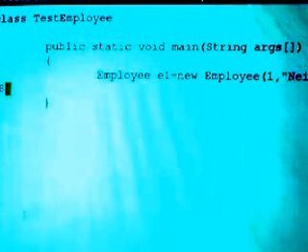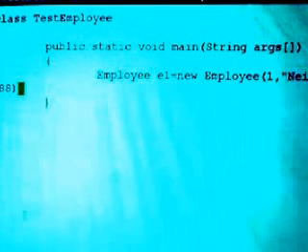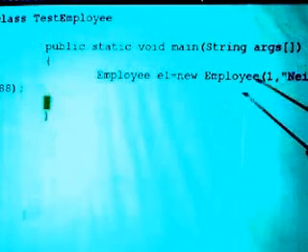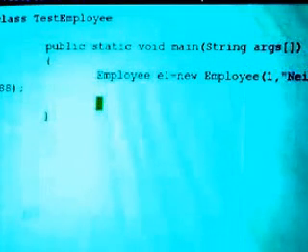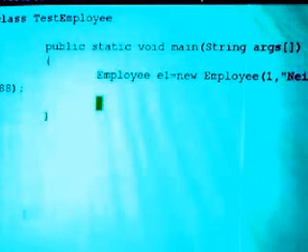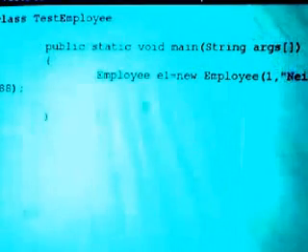Okay? That should be enough. So Employee e1 is equal to new Employee(1, Neil, 33, 5 and 9088). So we have created an employee object.